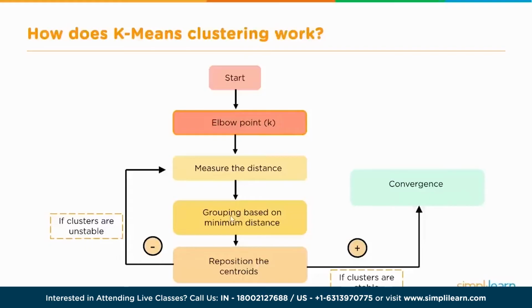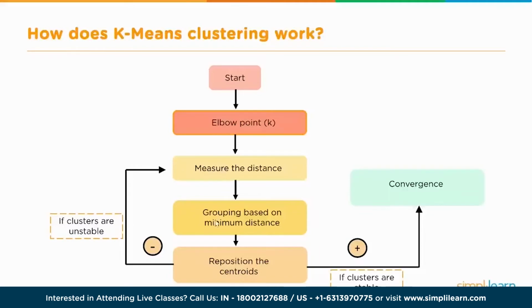The next step it does is, for the new groups, for the clusters that have been formed, it calculates the mean position, thereby calculates the new centroid position. The position of the centroid moves compared to the randomly allocated one. So it's an iterative process. Once again, the distance of each point is measured from this new centroid point.